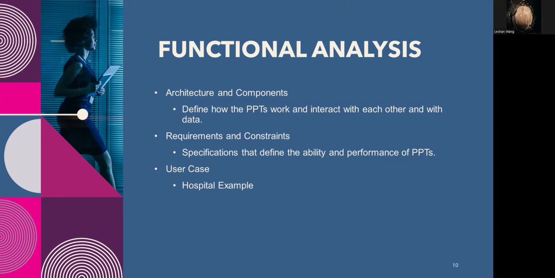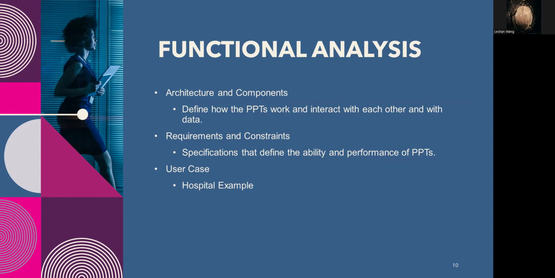Next is the functional requirements and constraints. Usually we would have privacy requirements, which define the level of privacy protection that the PPTs should provide. There are utility requirements, which define how accurately the technique performs.